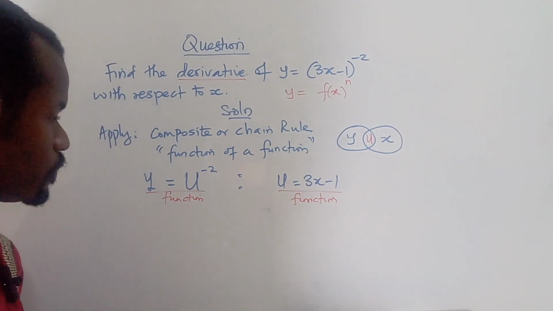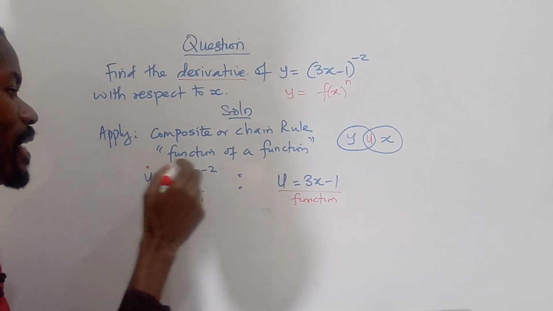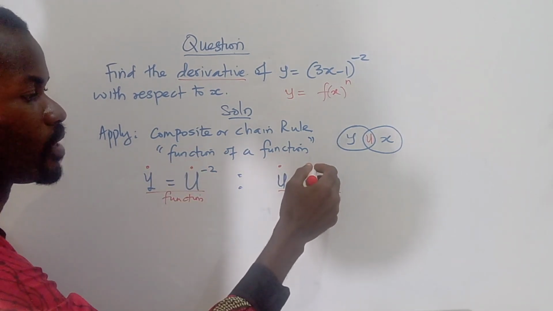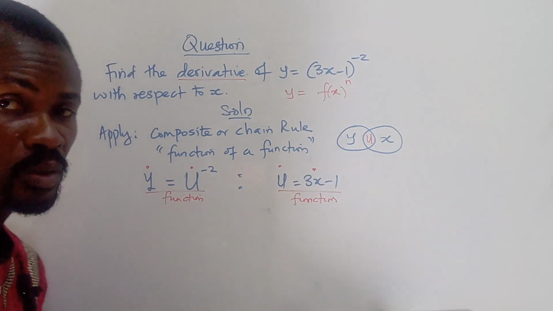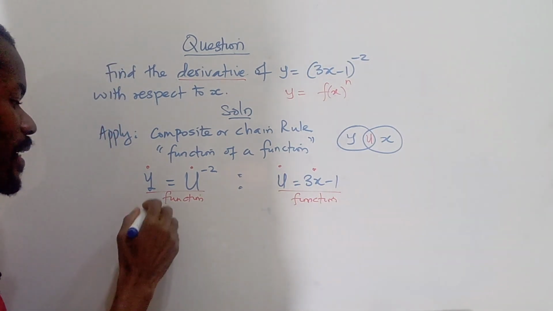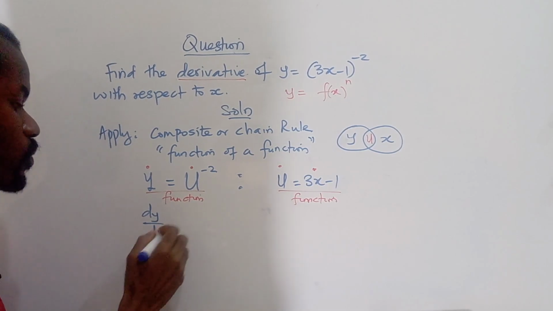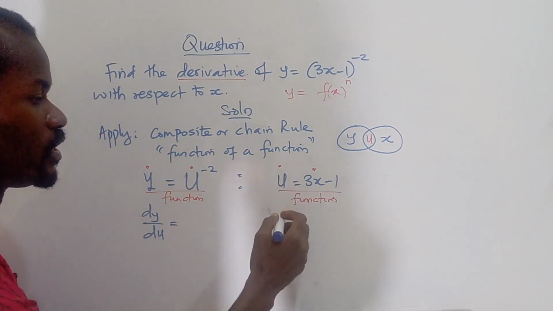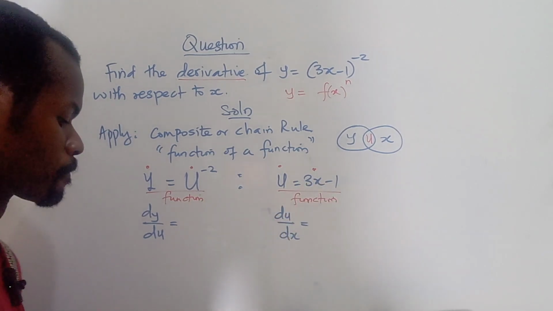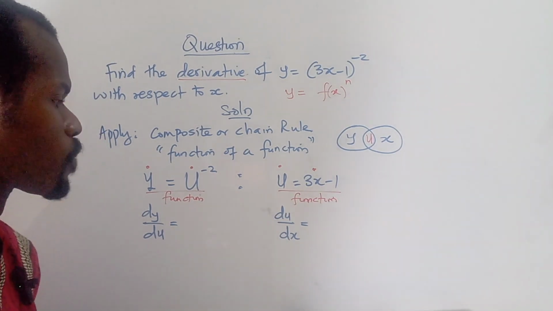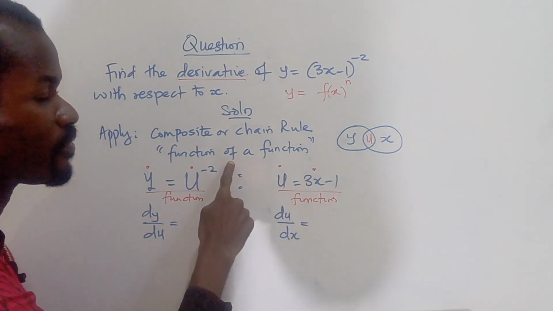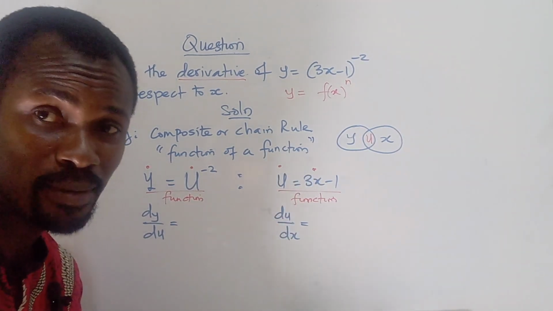Now for this function here, I can do dy over du. Here we can do du over dx. So let's see what we can do to get dy over du, and du over dx. Now when we get them, this function and this function, of means multiplication, so we are going to multiply them.